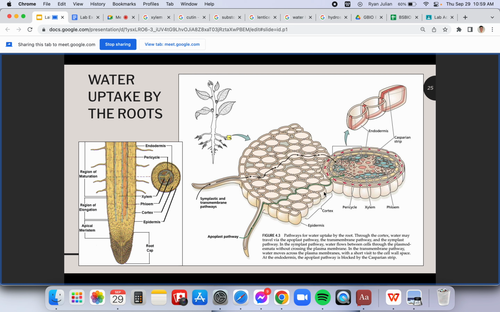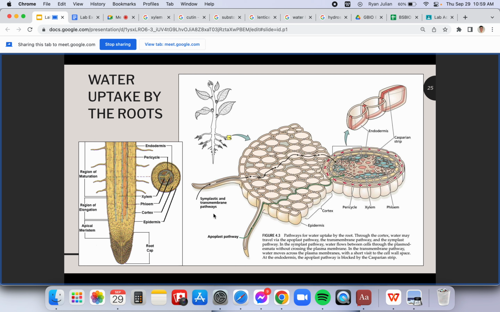Via the cortex, which is right over here, water may travel via the apoplast pathway and symplastic and transmembrane pathways. So basically, water has two routes to travel to. Again, it's the apoplast and symplastic pathway.